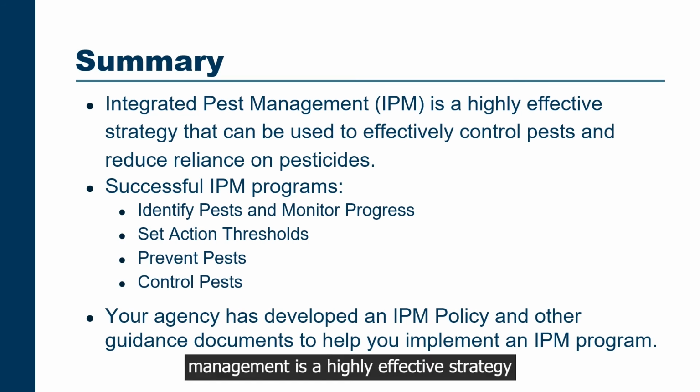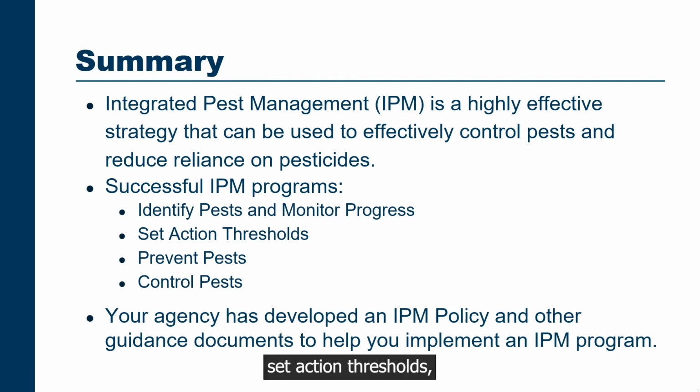Integrated pest management is a highly effective strategy that can be used to control pests and reduce reliance on pesticides. Successful IPM programs identify the pests, monitor the progress, set action thresholds, prevent and control.